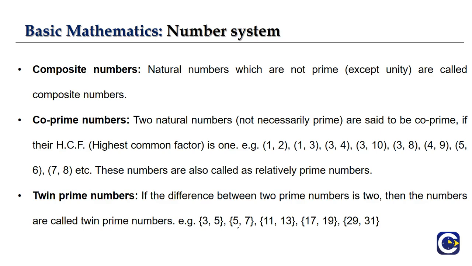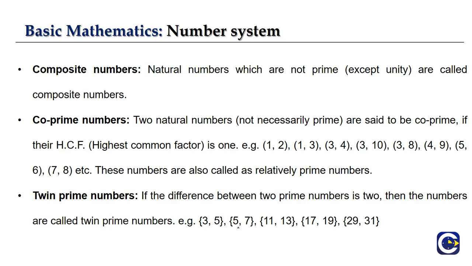When we take two natural numbers, those two are said to be co-prime if the HCF of those two numbers is 1, right? You know how to find LCM and HCF. Here also you have to understand that we are talking about only natural numbers.